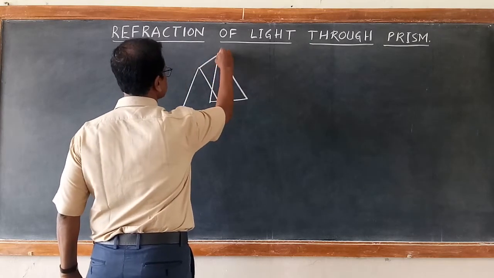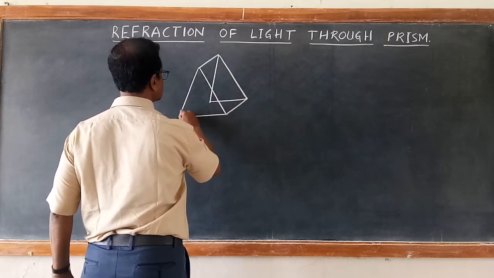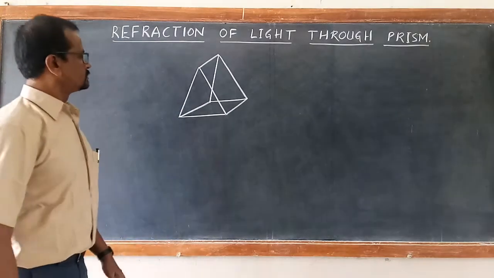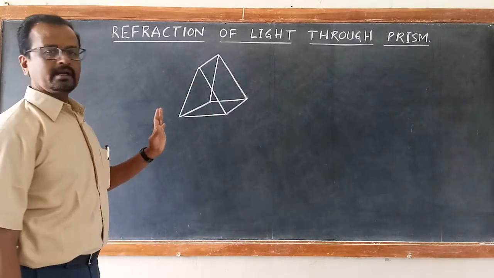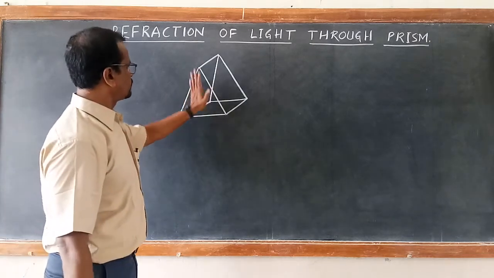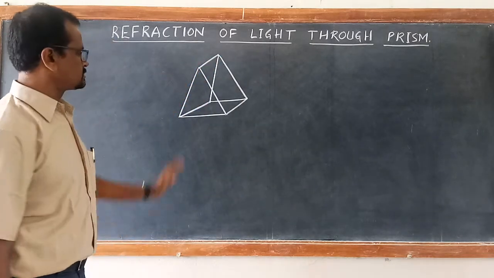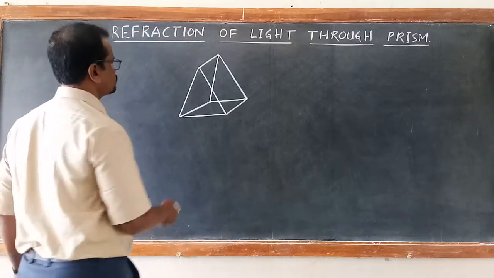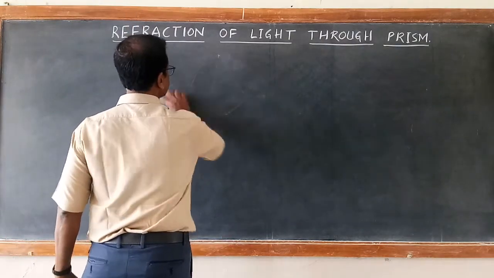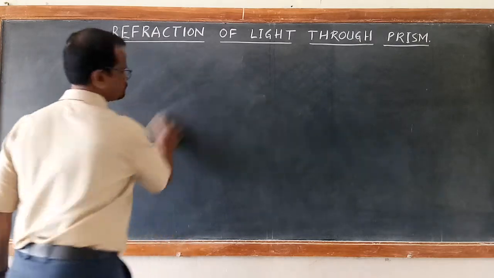So if you join this, it forms the prism. So you can see 3 rectangular faces, front one and back one, and 2 triangular faces. This is a prism.